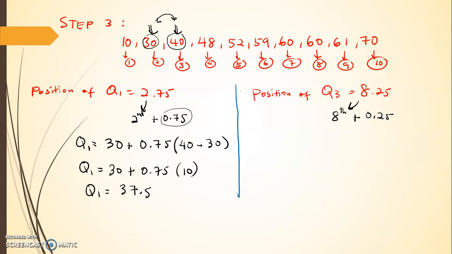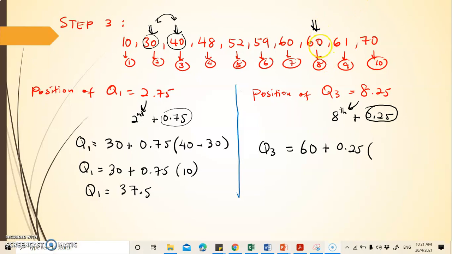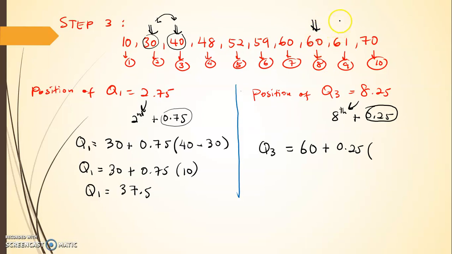Based on our arranged data, the 8th position is the value here, 60. So our Q3 value equals 60 plus, since we have this additional position, 60 plus 0.25 multiplied with the next number after 60, which is the number 61.